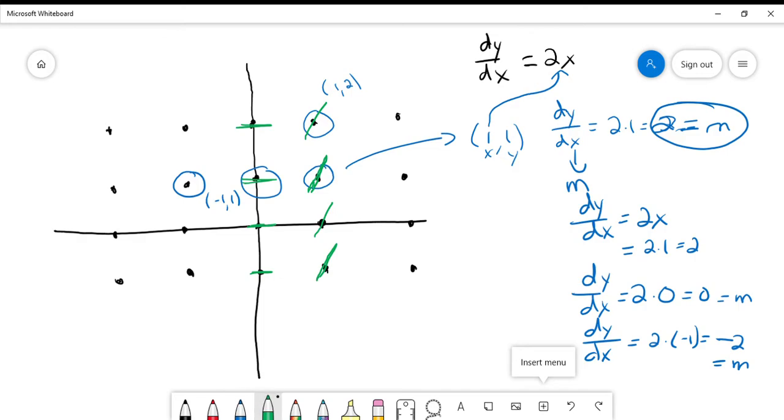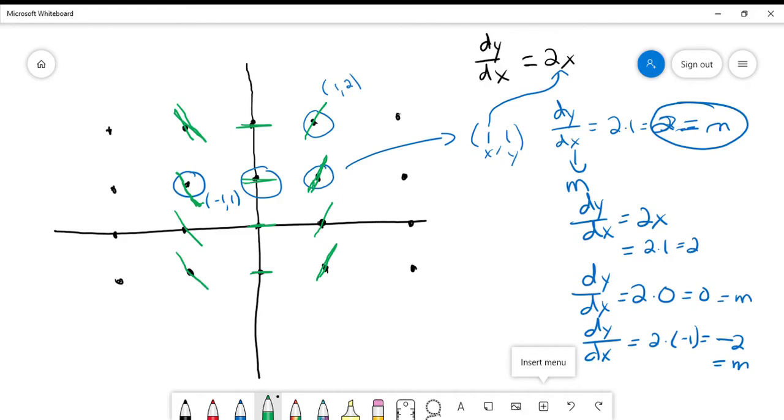So now I draw in a tangent line that has a slope of negative 2. Try to make it match the other side, but make it a negative. And guess what? It's going to be the same thing right here, and there, and there.